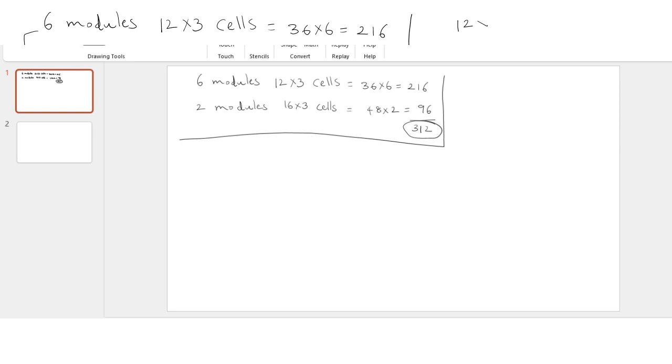Total 312 cells, right? In these modules, we have 12 in series. Each cell gives 3.8 volts.